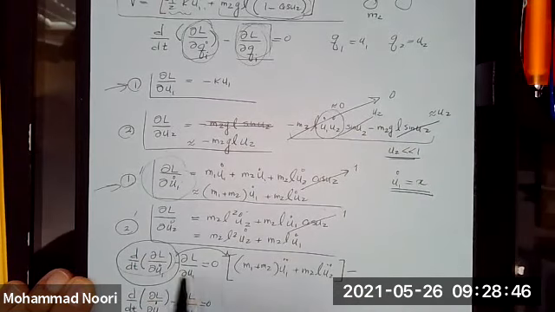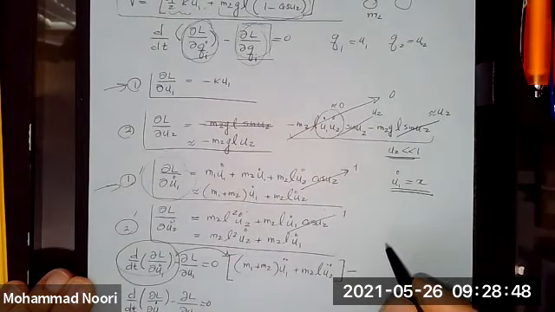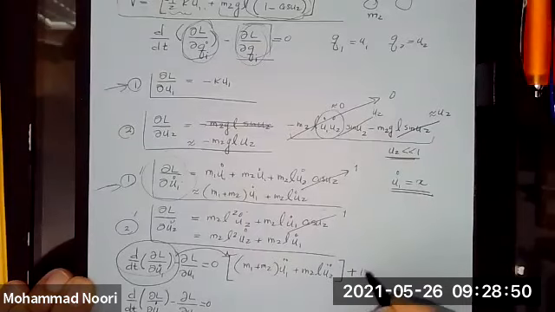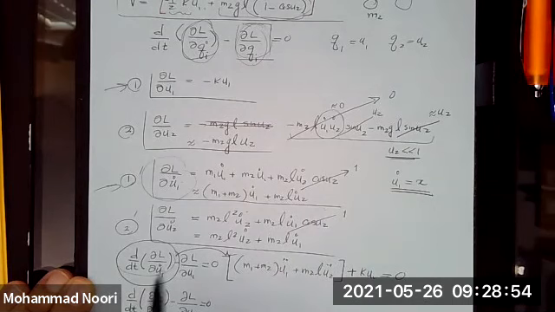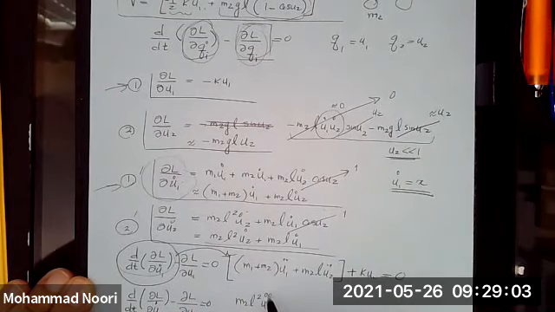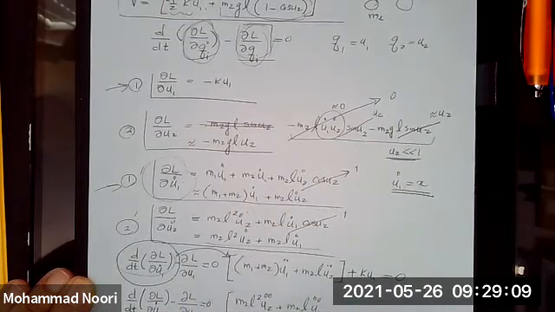Then subtract that, which would be plus K U1. So that's the first equation of motion. You do the same thing here. Take the time derivative of this, would be M2 L squared U2 double dot plus M2 L U1 double dot.